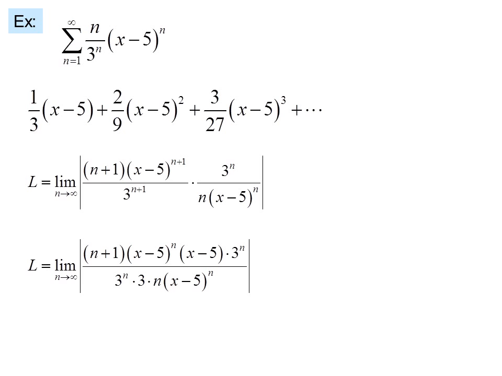Now, before we can cancel, we have to expand some terms. We expand x minus 5 to the n plus 1 to x minus 5 to the n times x minus 5. And we expand 3 to the n plus 1 to 3 to the n times 3.